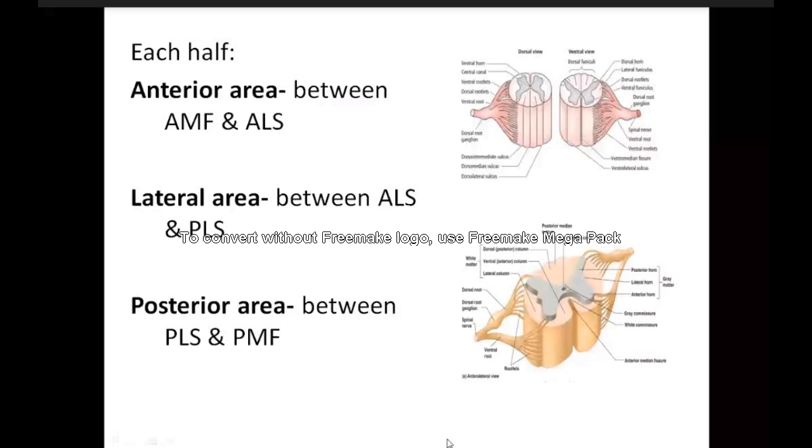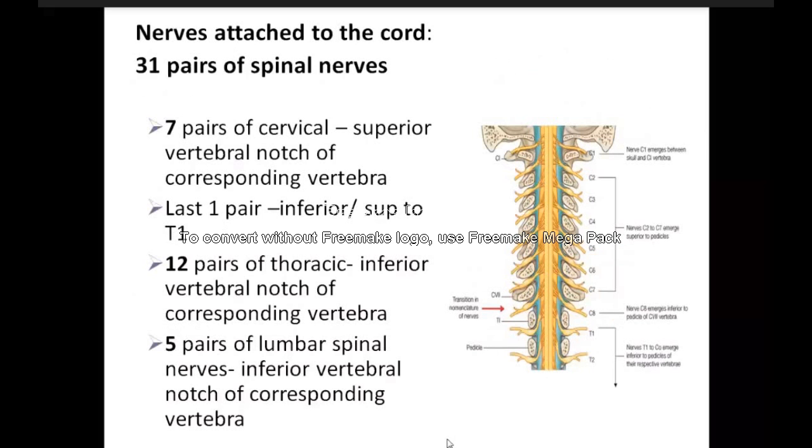Now coming to the next important structure. As I said earlier, there are 31 pairs of spinal nerves which emerge from the spinal cord.